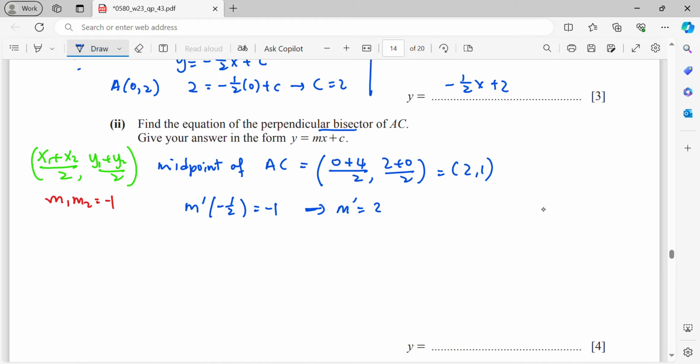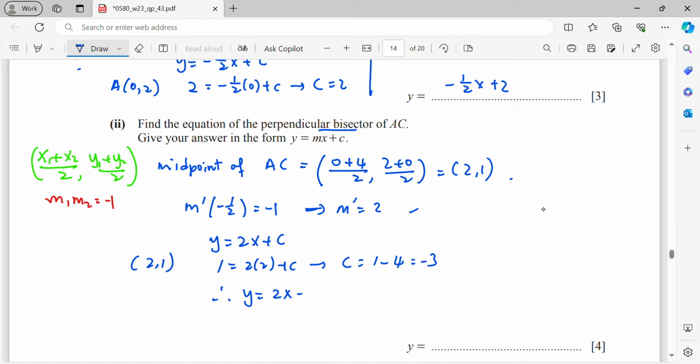With these two pieces of information, you get y equals 2x plus c, and then consider 2, 1. So 1 equals 2 times 2 plus c. That means your c is 1 minus 4, which is minus 3. So at last, your y is going to be 2x minus 3.